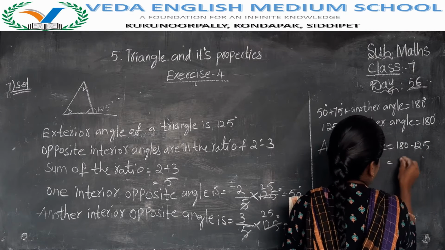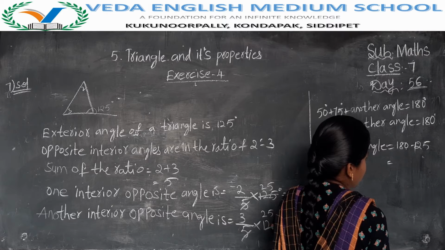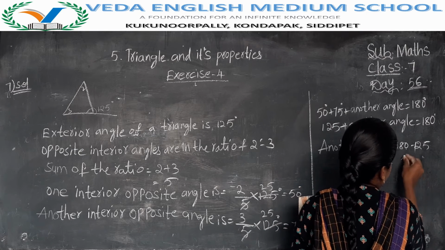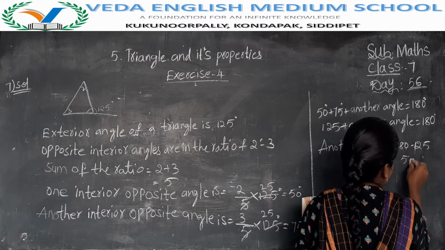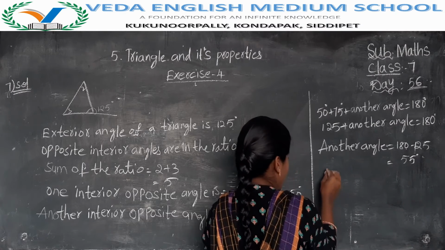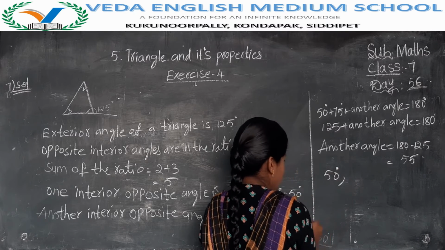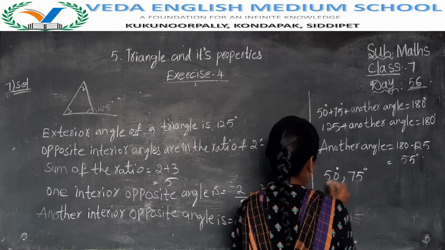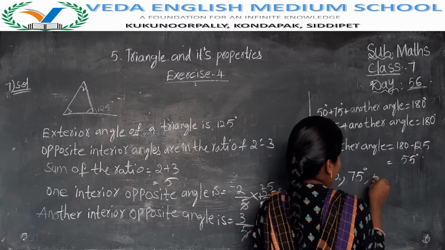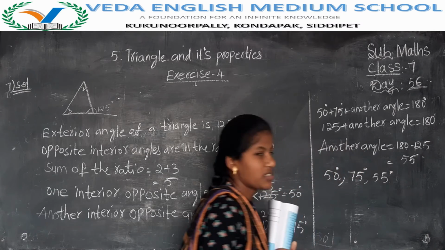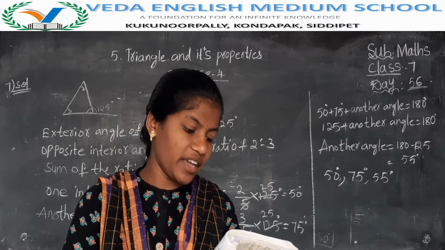That is 180 minus 125 is 55 degrees. Now the three angles are: one is 50 degrees, another one is 75 degrees, and one more is 55 degrees. Seventh solution has completed. Next, eighth one.